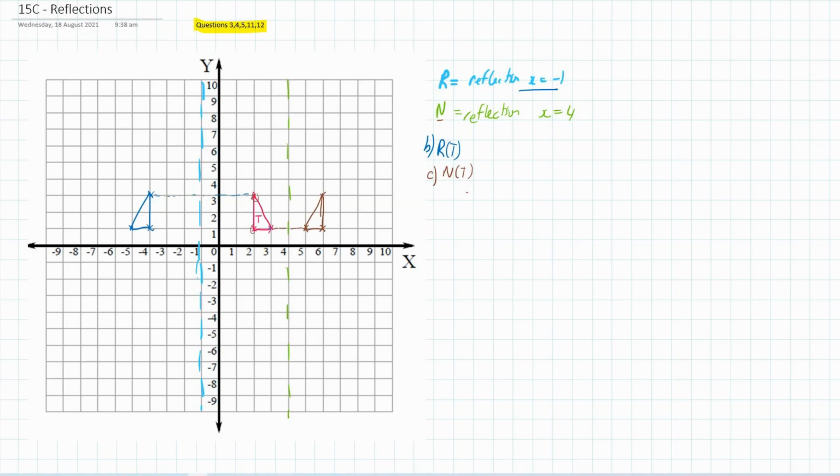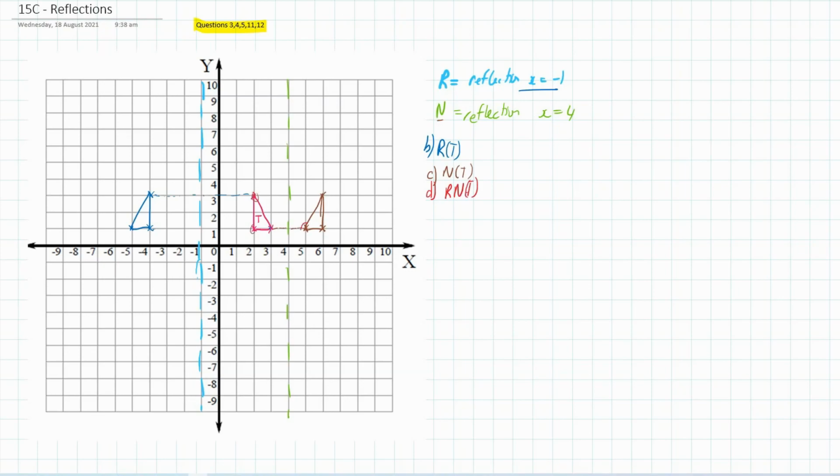Okay. The next one I'm going to do is RNT. Okay, now we already have NT. Remember, that's the brown one. So now, since I've already got NT, I just need to reflect NT with R. Now, where is R? R is this blue line here. So I'm going to take the brown triangle and reflect it across the blue line.